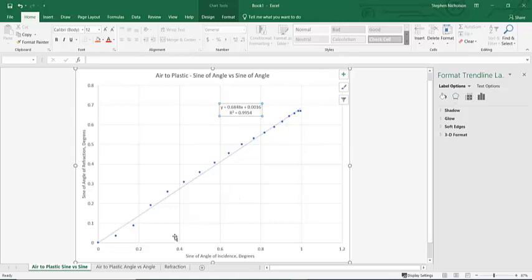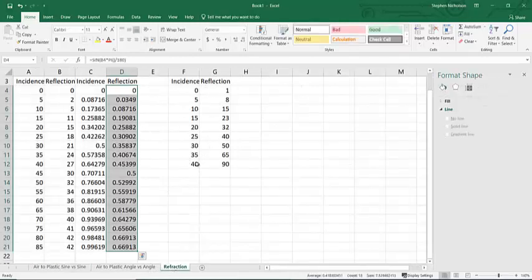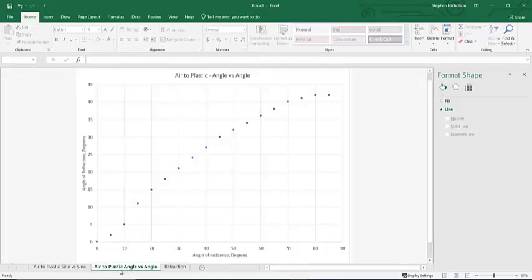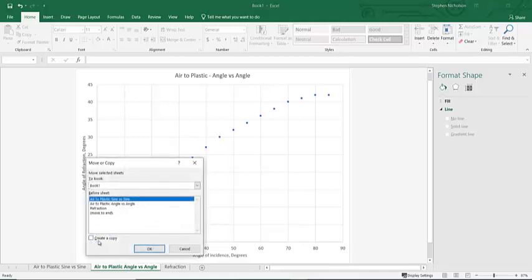Now, what we're going to do is we're going to now do the same thing, except with the second bunch of data. So again, rather than re-entering everything, what I'm going to do is we're going to click on this air to plastic angle versus angle, and we're going to right click, we're going to create a copy, let's move it to the end here.